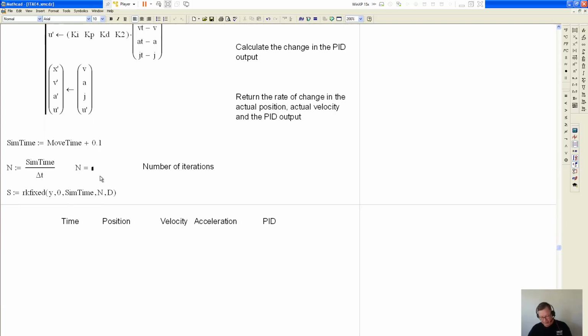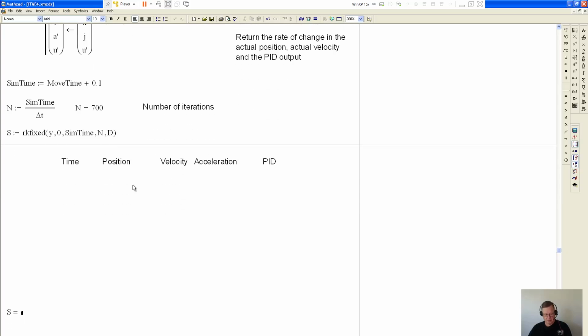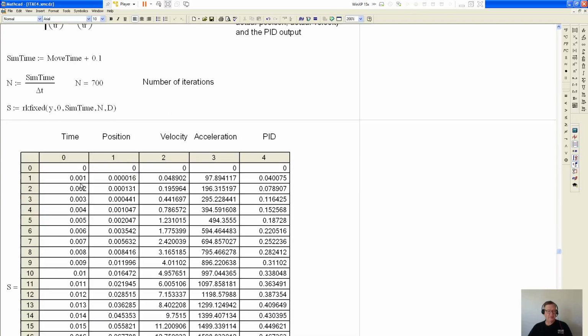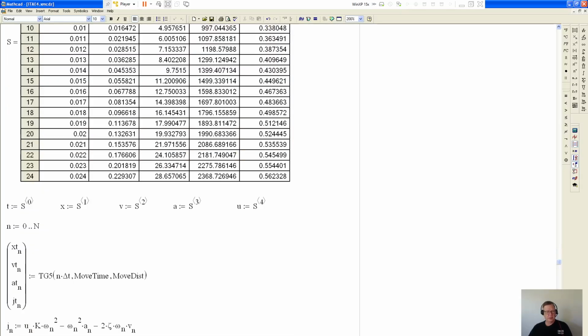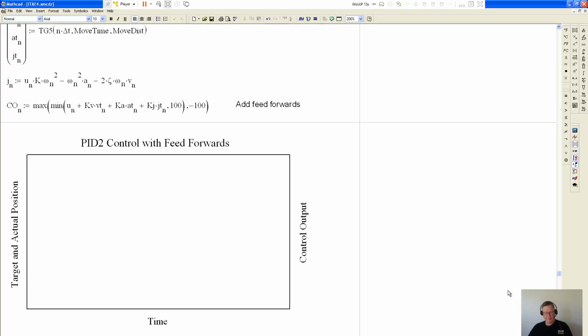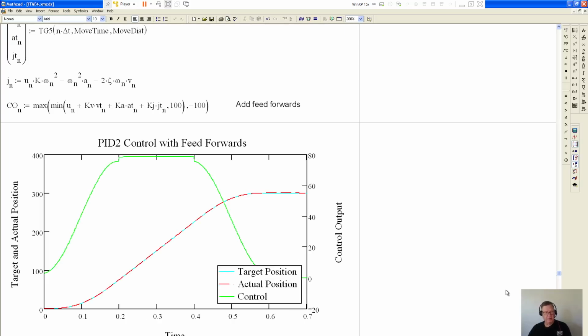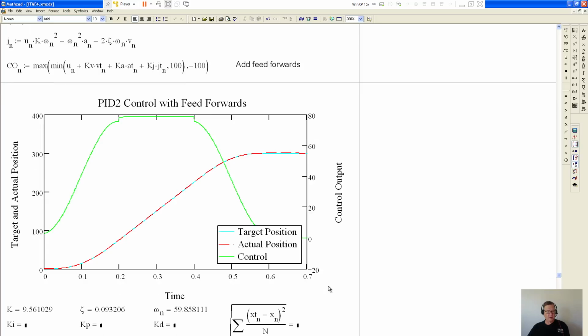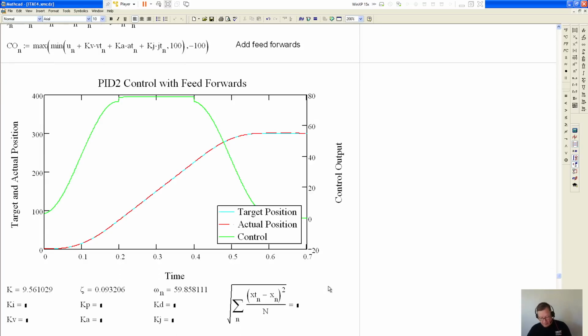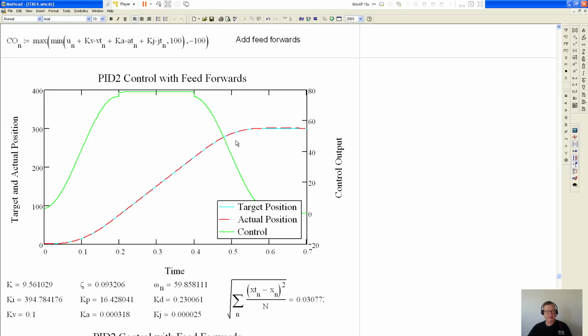So what I get is an array of times, position, velocity, acceleration, and my PID output. I'm using a fifth order target generator, and you can see that even though the parameters have changed, in other words, this should have been 10 and it's really 9.5, the control is actually very, very good.